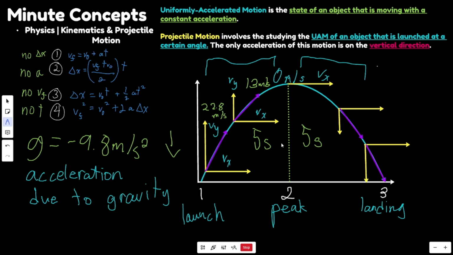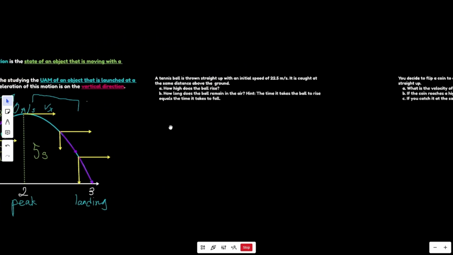If it takes 2 seconds to complete one full toss, then it would most likely be 1 second going up and 1 second going down. So that's the significance of understanding that this parabola over here is actually completely symmetrical. And of course, it goes without saying, it's a kinematic problem, therefore we're going to be using our kinematic equations. So now let's try this practice question.